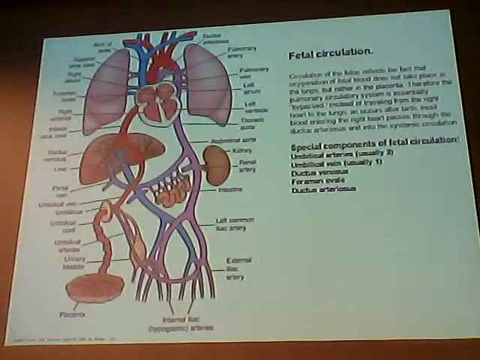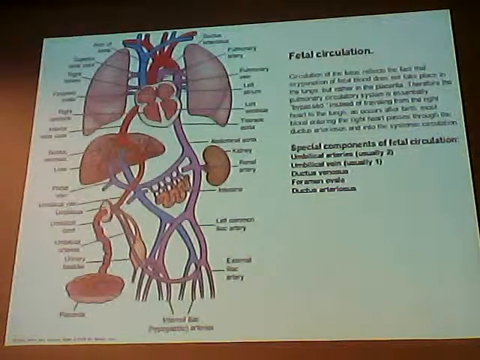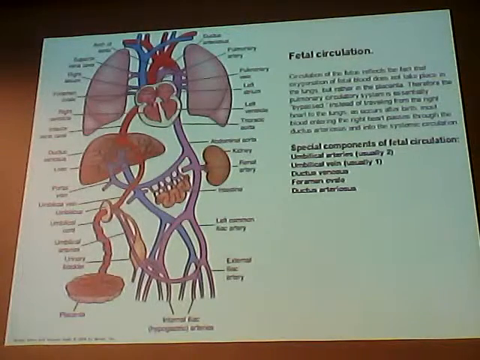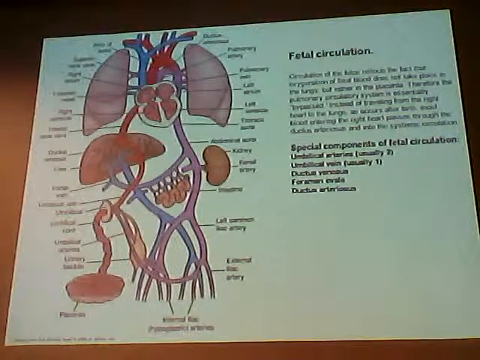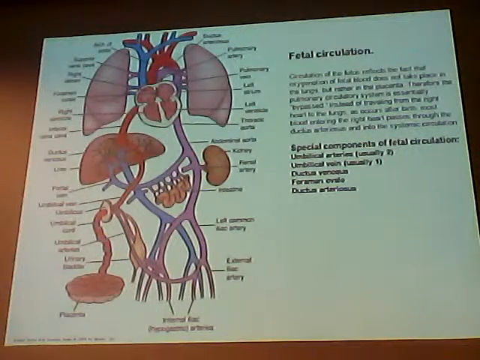That's important because fetuses don't need their lungs. Their lungs are underdeveloped because you get oxygen from the placenta, so blood doesn't really need to go to the lungs. The oxygenated blood just goes through to the left atrium directly.